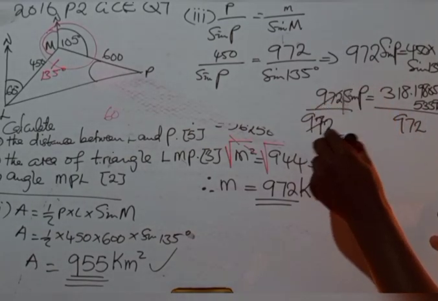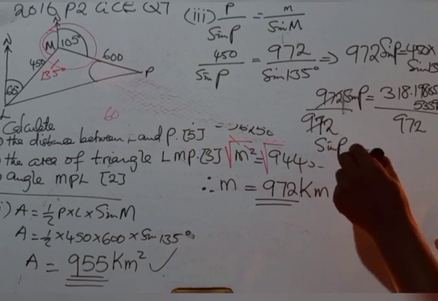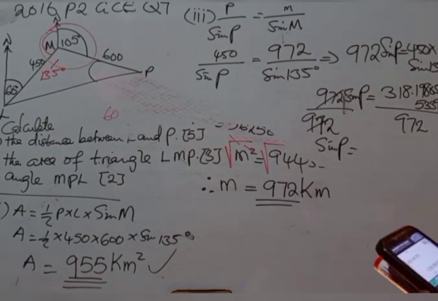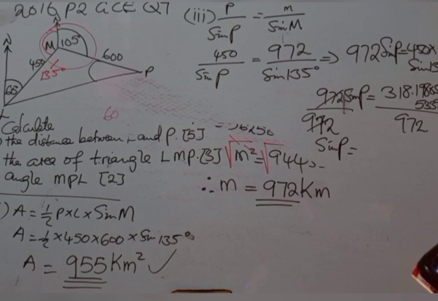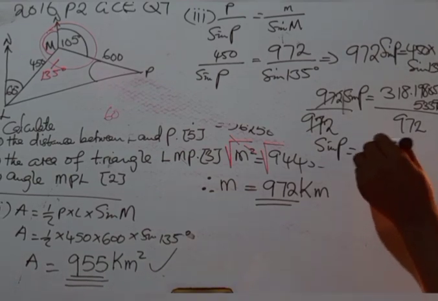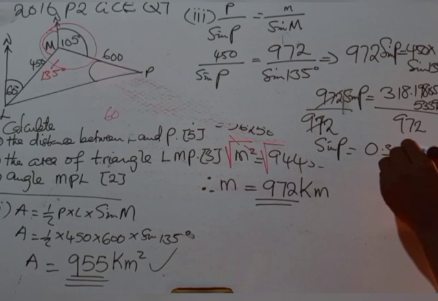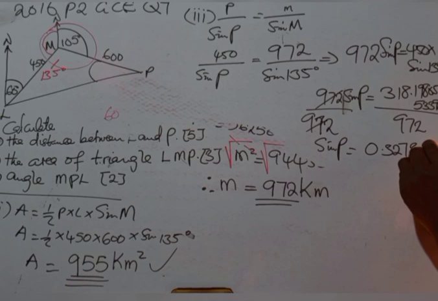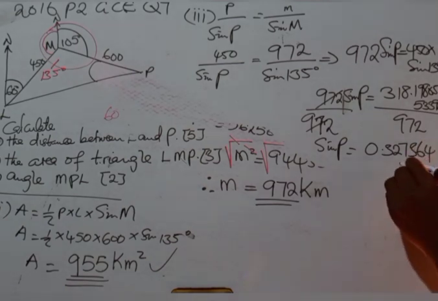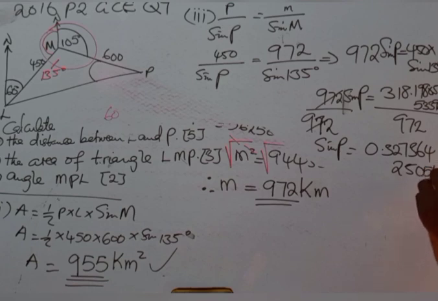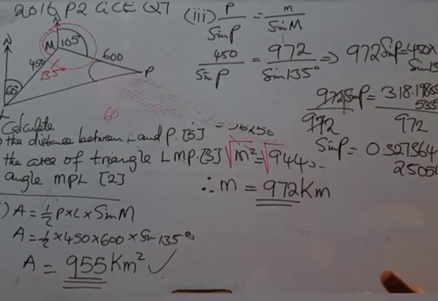So we have sine p is equal to the answer we have divided by 972. So we have 0.32764250549. All these are numbers. You write all of them.